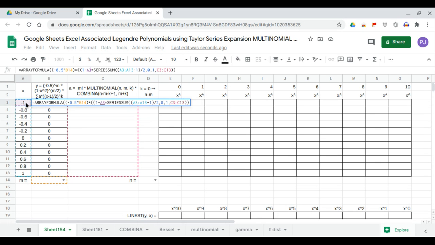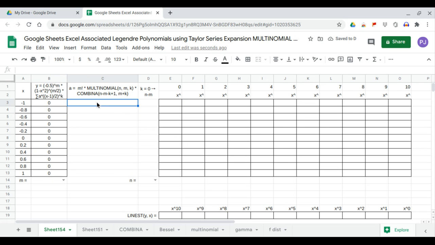So x squared raised to the power m over 2. That's m over 2. And we'll close that. So that completes the Taylor series expansion formula.